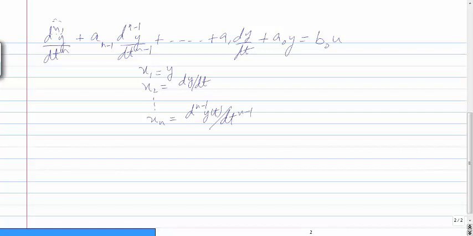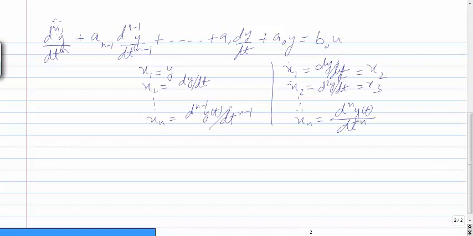After that we take the derivative of these state variables, which gives us x1 dot equal to x2. Similarly x2 dot, the second derivative, is equal to x3, and so on up to xn dot, which gives us the nth derivative. That's why we write state variables only till the n minus 1 derivative, not the nth. So this is the way we can represent it in terms of state space.